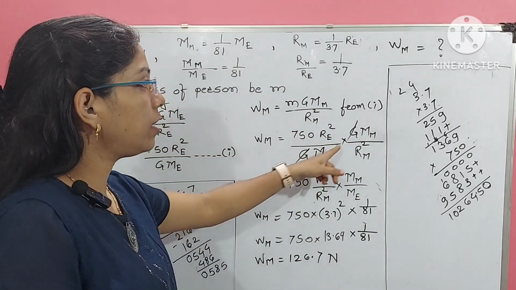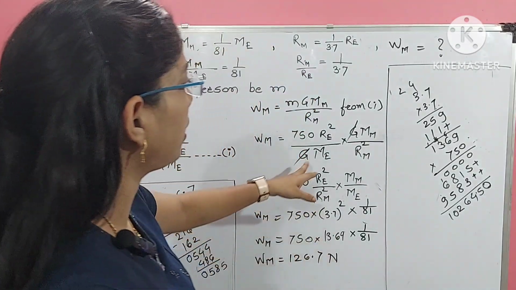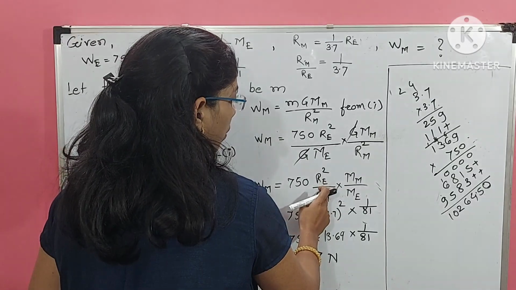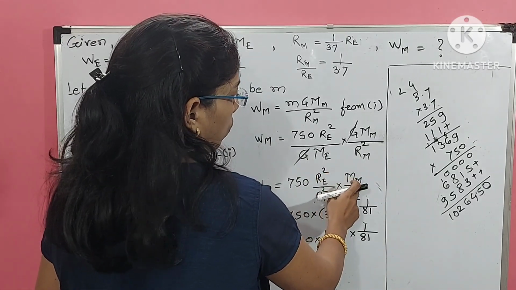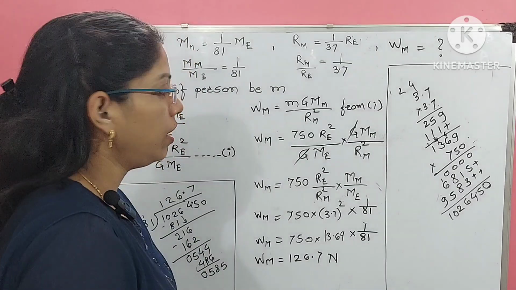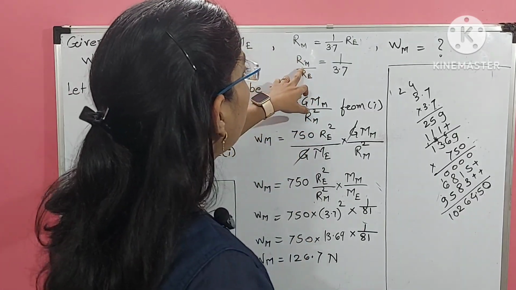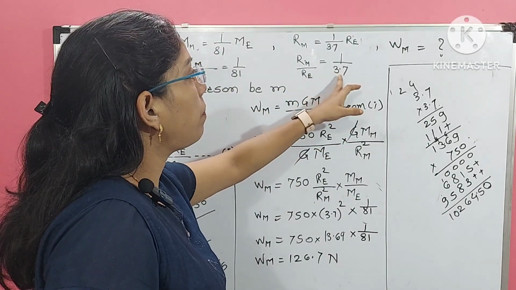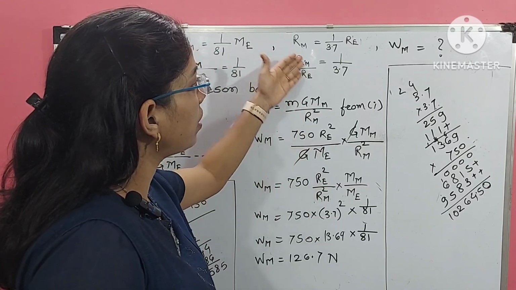So this value we can write here into G Mm upon Rm square as it is. As G is the universal gravitational constant, it gets cancelled, and we get 750 into radius of earth upon radius of moon whole square into mass of moon upon mass of earth. We know the ratio of radius: radius of moon upon radius of earth is 1 upon 3.7, but we need radius of earth upon moon, so we reverse this value.